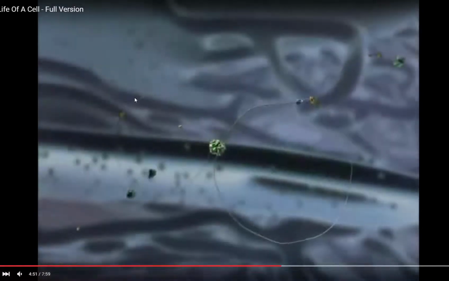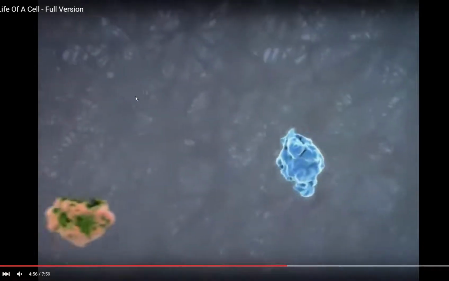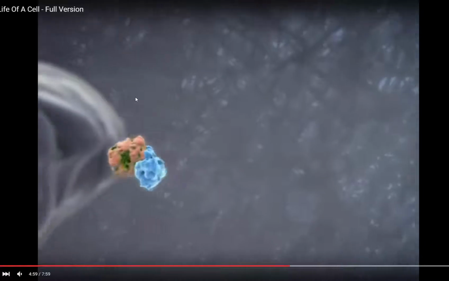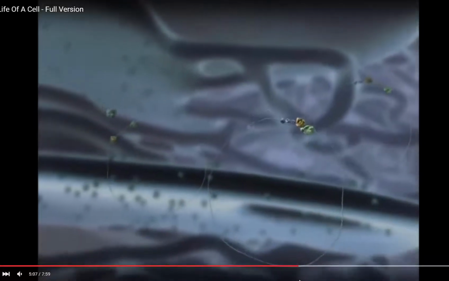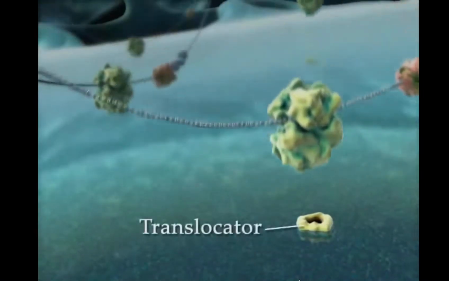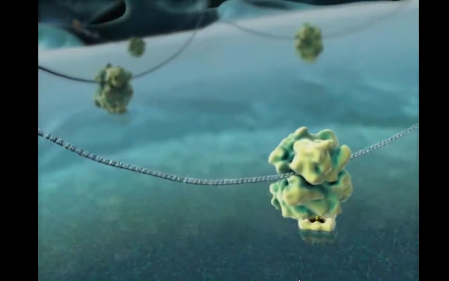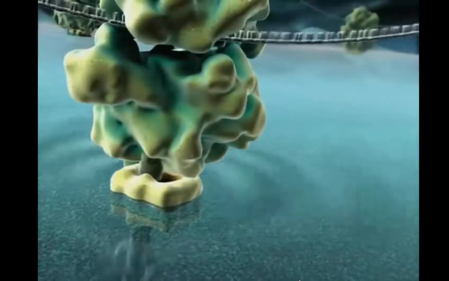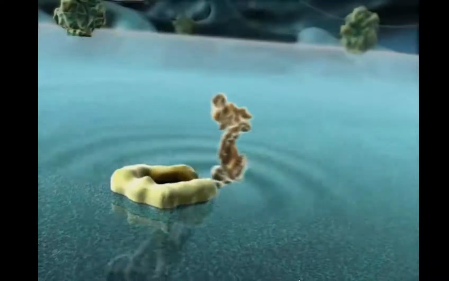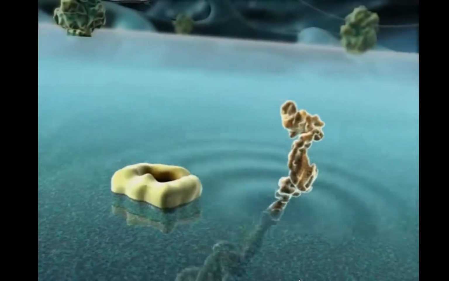It could be a motor protein, a protein for the cell membrane, or a protein to make anything else. This is a protein going to the cell membrane, or a ribosome making the protein, so it goes from one side of the membrane to the other. Actually, this is going to be an intracellular protein.